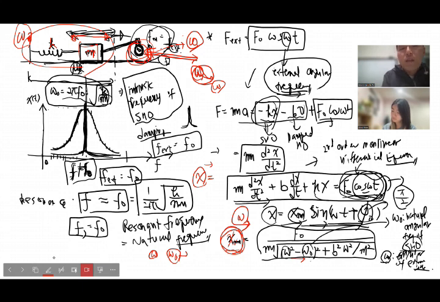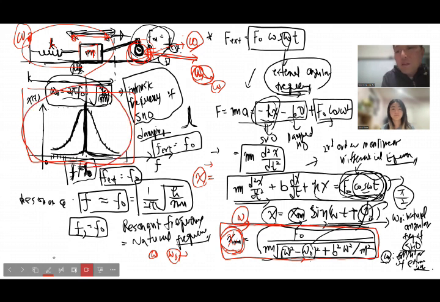I explained it with this graph. Take a look at this graph. Or you can take a look at this solution of the second order differential equation. You see this plot, right?